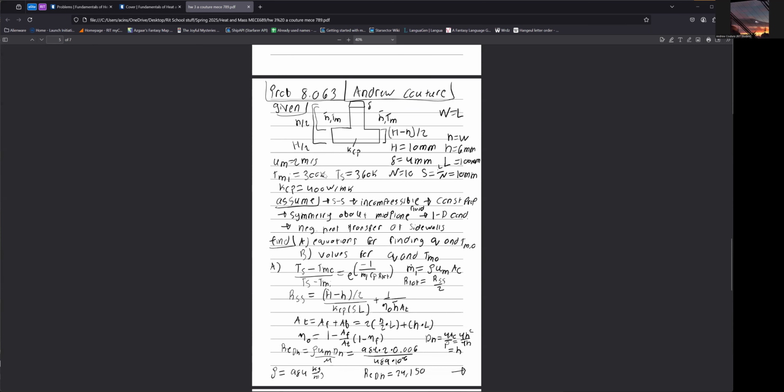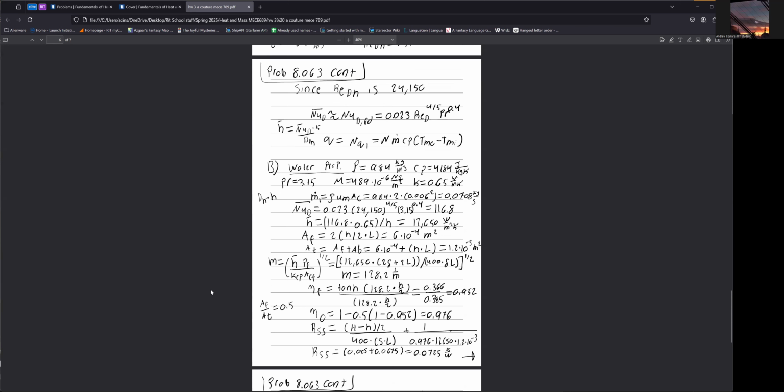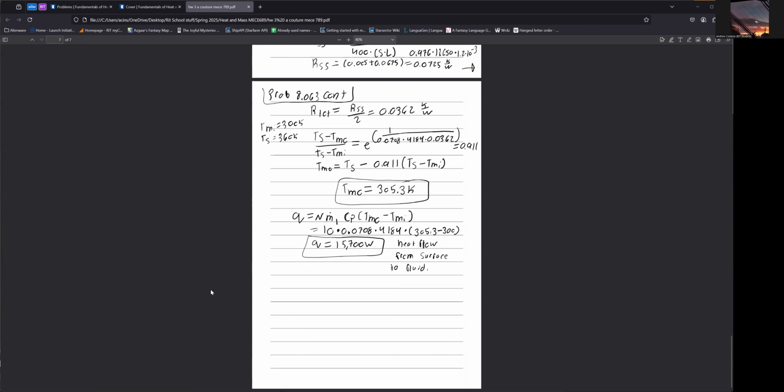Just going to give a few seconds on each page to make sure you can look at it.